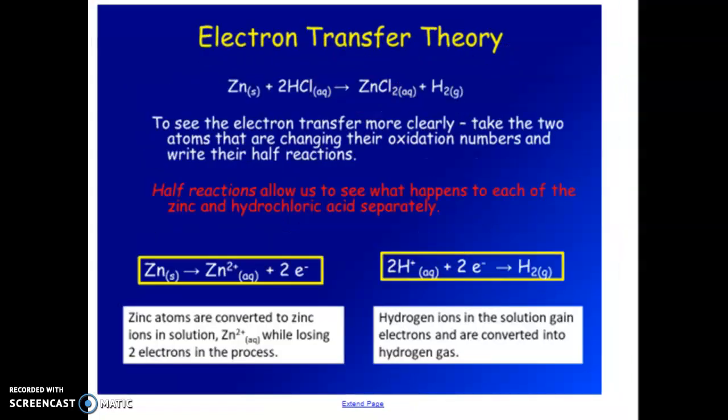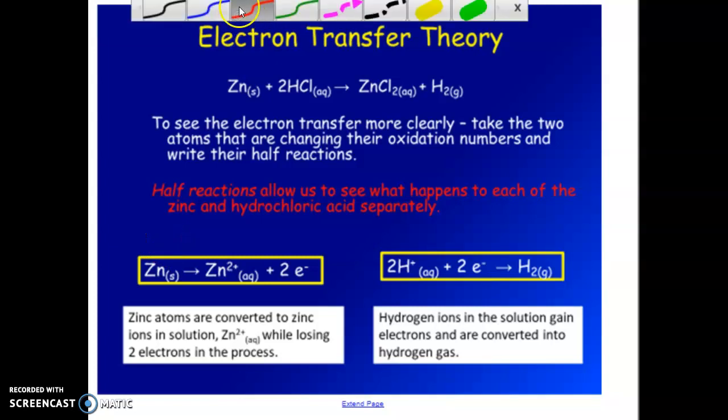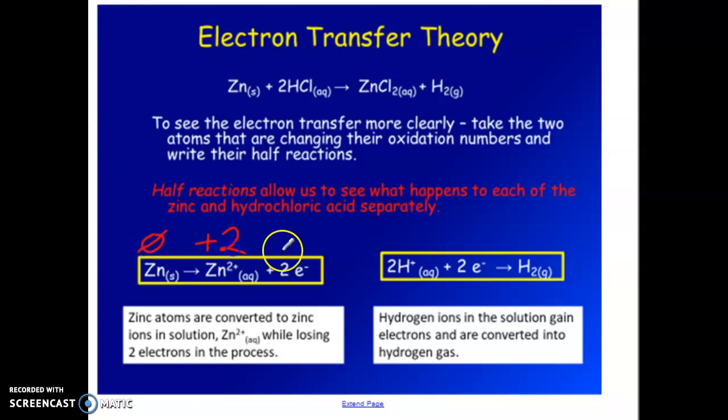So in that process, right, in order for it to go from 0 to +2, 2 electrons had to be lost. So when we're going up in oxidation numbers, remember that that is the oxidation process. So this is now referred to as an oxidation half reaction.